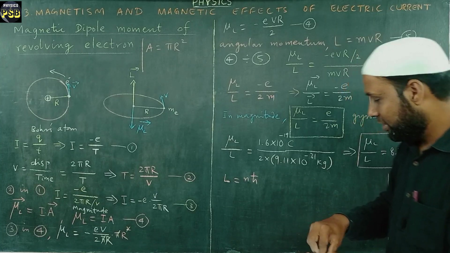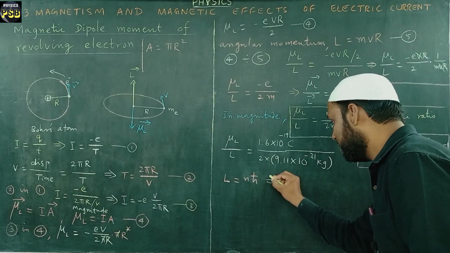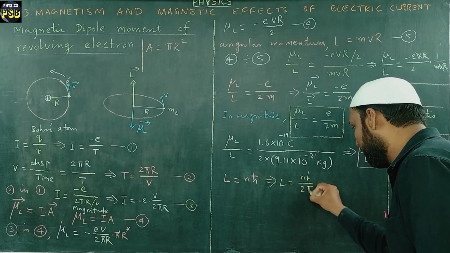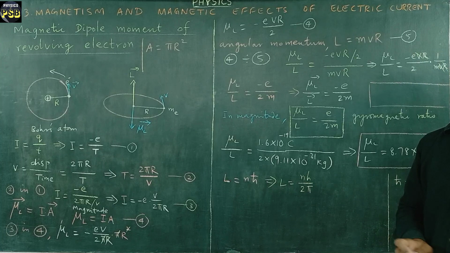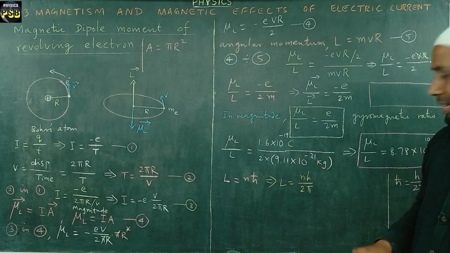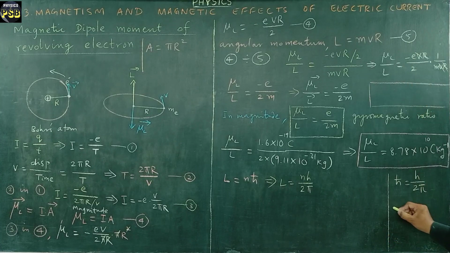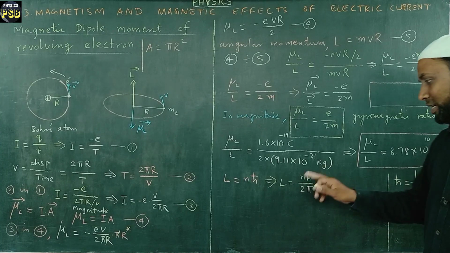So in that way, this can be written as L equals nh upon 2π. Here n is a natural number. It can be 1, 2, 3, it goes like that. And h is Planck's constant, whose value is 6.63 × 10^-34 joule second.